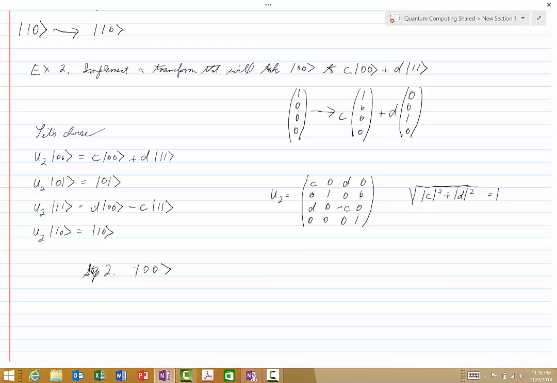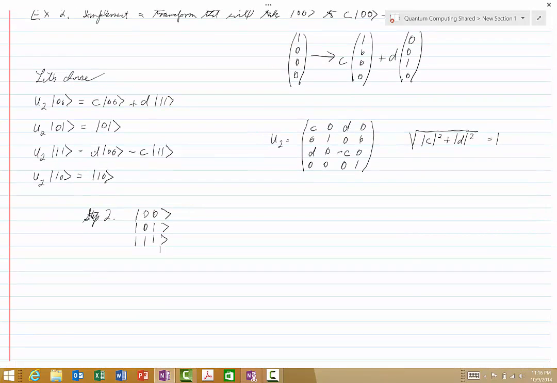And we cannot get from 0,0 to 1,1 in one step with a gray code. We need 2 steps. So this one is a little bit more involved than the last one. We could have 0,0, 0,1, 1,1. So here is our gray code for this problem.